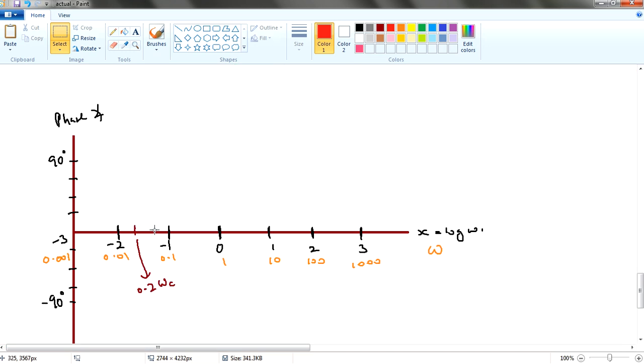So at 0.2 and 5 of the cutoff frequency is minus 1. If it's 5 times, you're gonna have a point that is 0.5 over here. Never mind. Refine this thing.